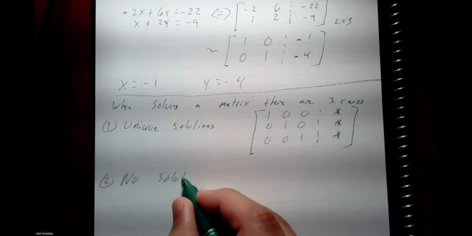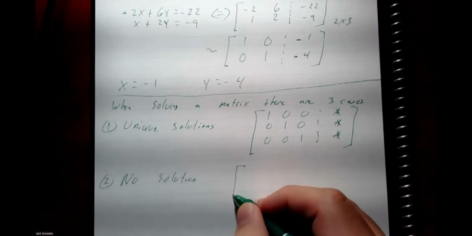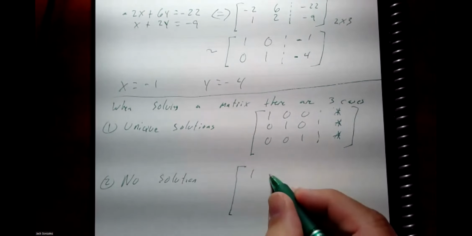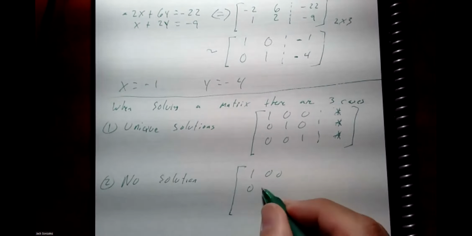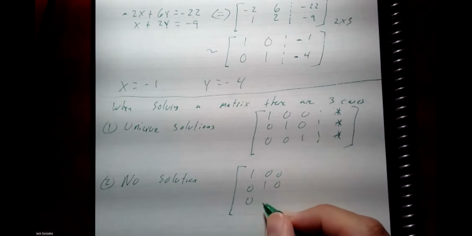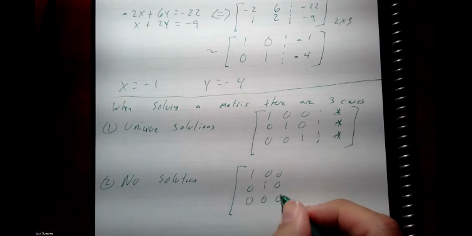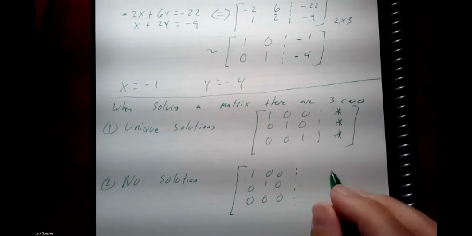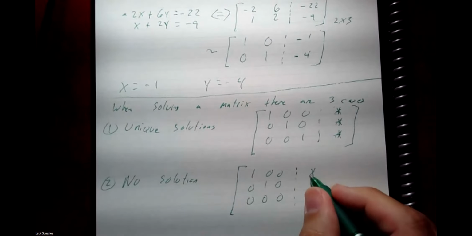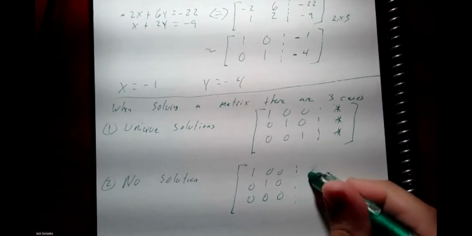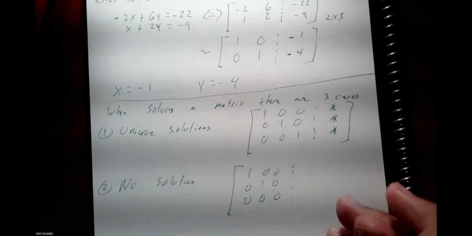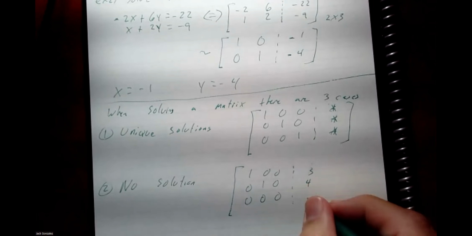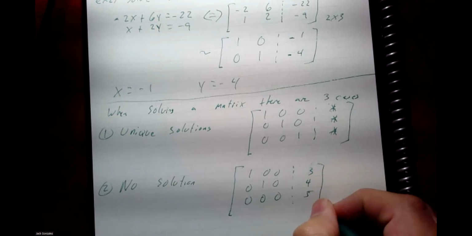No solution. If you get a false statement in the matrix, let's say you have something like, I'll make up some numbers this time, 3, 4, 5. See how this equation makes no sense? This is for row 3.